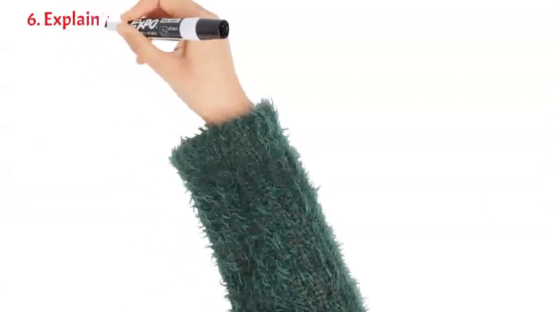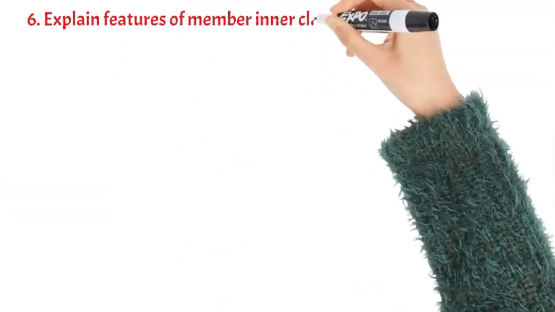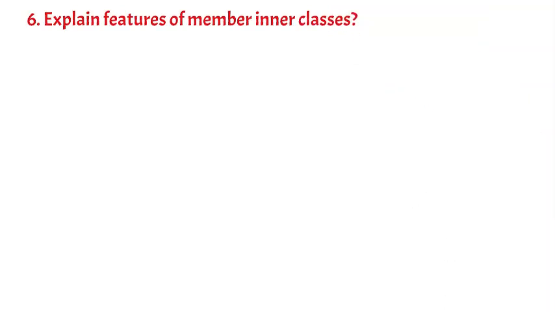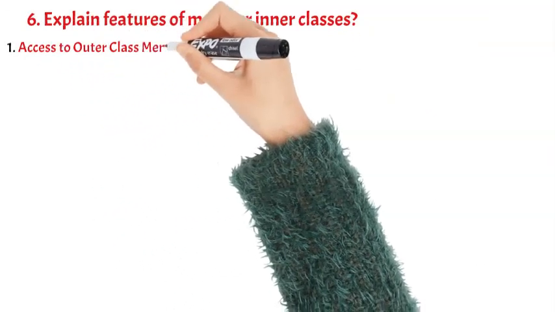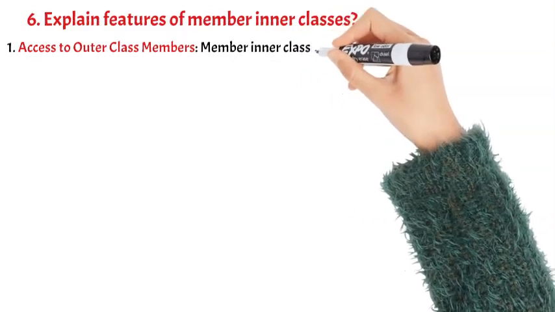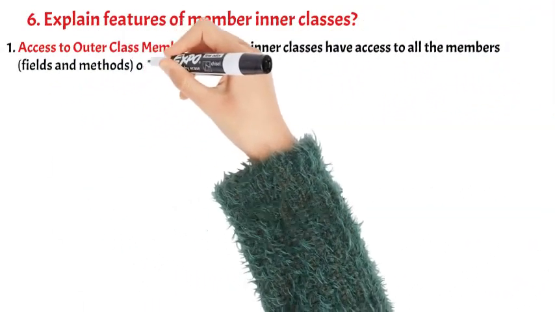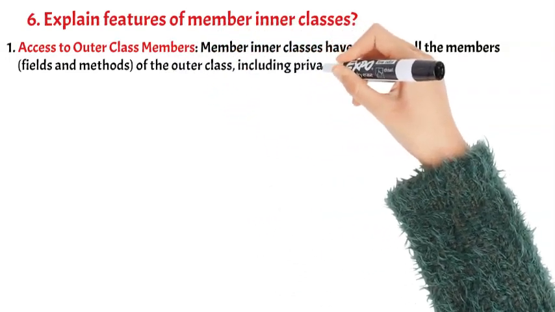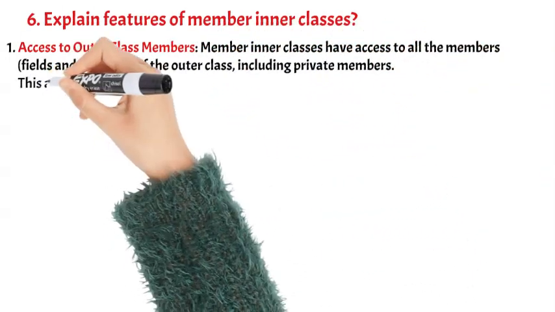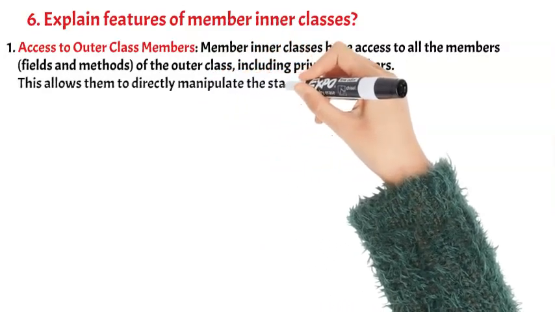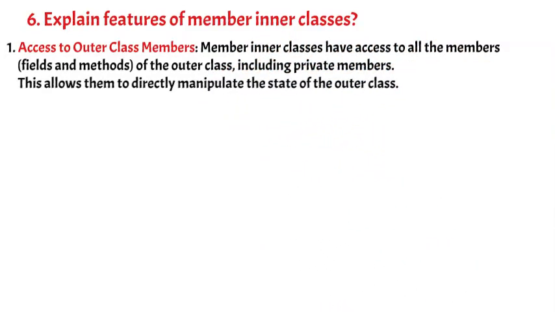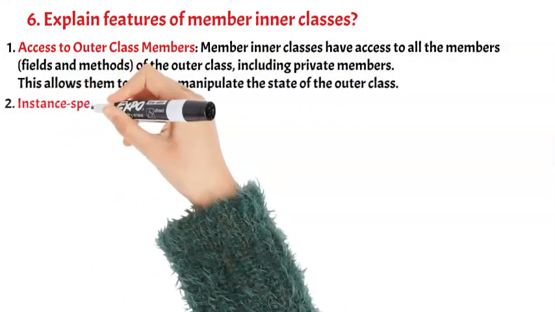6. Explain features of member inner classes. 1. Access to outer class members. Member inner classes have access to all the members, fields and methods, of the outer class, including private members. This allows them to directly manipulate the state of the outer class. 2. Instance specific.